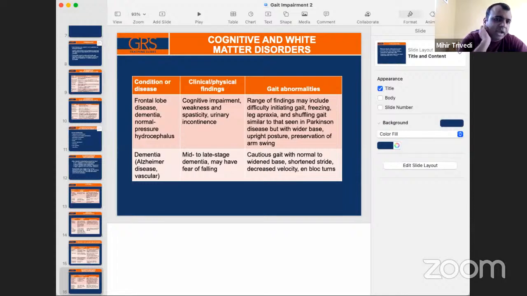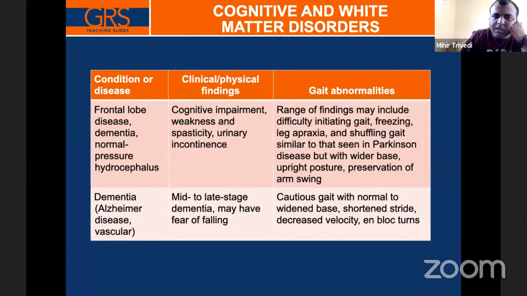If we see cognitive and white matter disorders, more like frontal lobe diseases, dementia, normal pressure hydrocephalus, with cognitive impairment, weakness and spasticity, urinary incontinence, gait abnormalities with a range of findings may be difficulty in initiating gait, freezing, leg apraxia, and shuffling gait, similar to that seen in Parkinson's disease, but with wider base, upright posture, and preservation of arm swing.